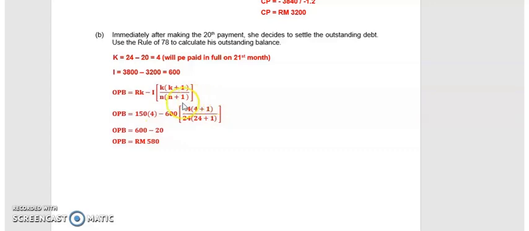So how much is the rebate? 20 ringgit. But as a seller, we say that 20 ringgit is the amount of unearned interest. So at the end of the day, your outstanding balance is only 580 ringgit instead of 600 ringgit.